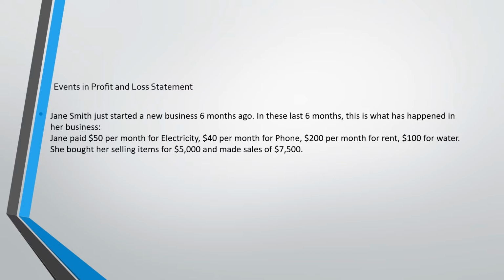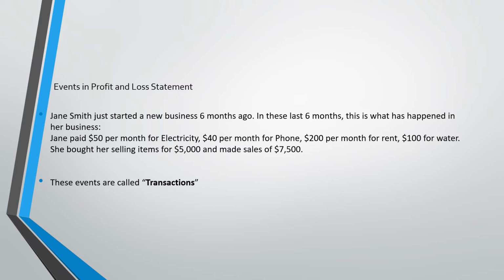So all these events in here are called transactions. These are basically anything she would have done business related. If she has paid some money for electricity or phone or rent, all these payments are transactions. When she sold her items, it was another transaction.